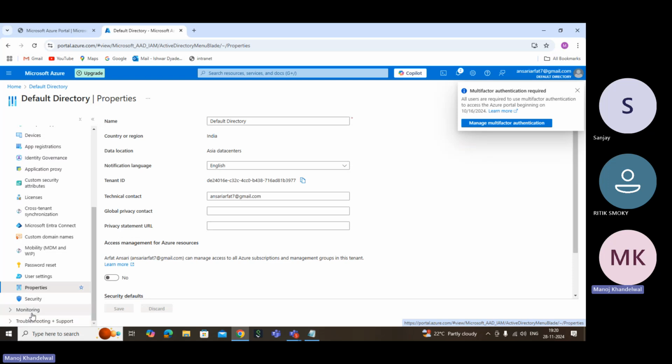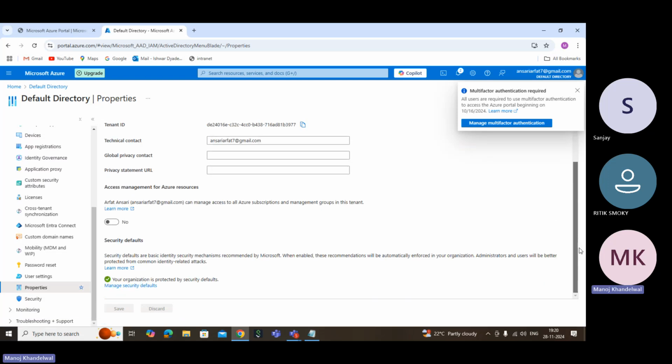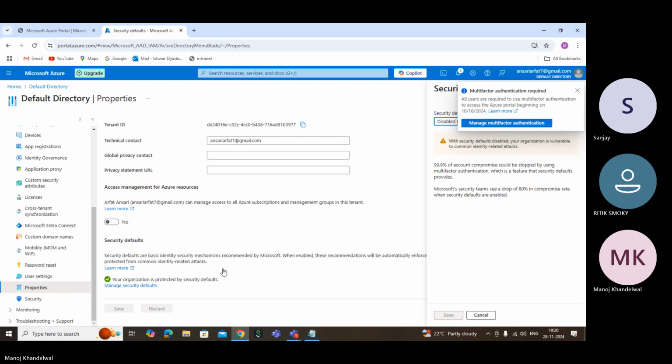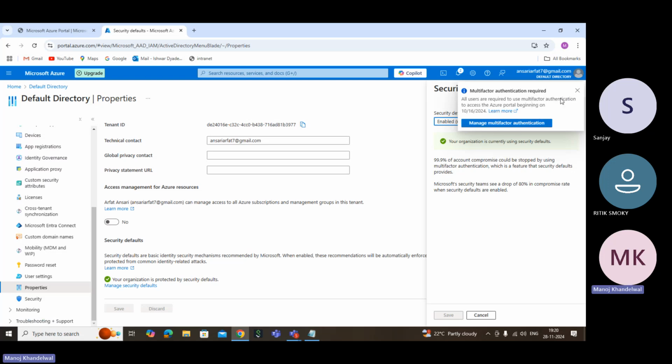Security defaults. Required to use multi-factor.